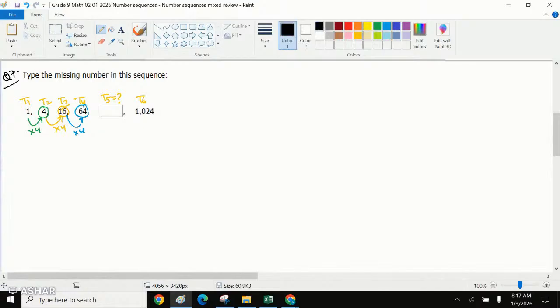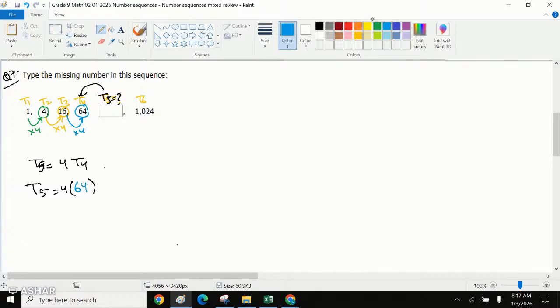That means term number 5 should be 4 times term number 4, the previous term. And what was term number 4? That was 64.